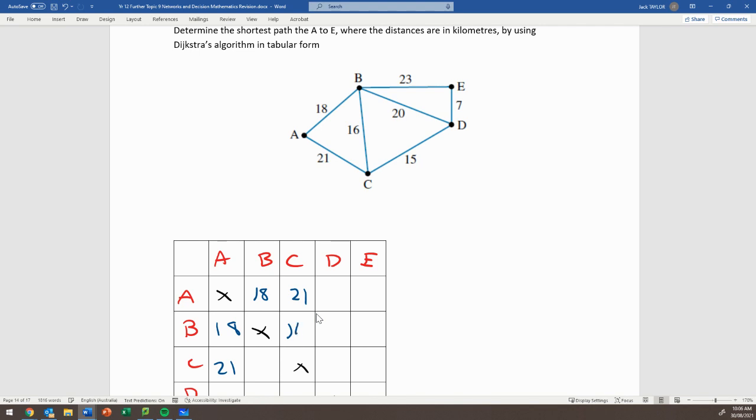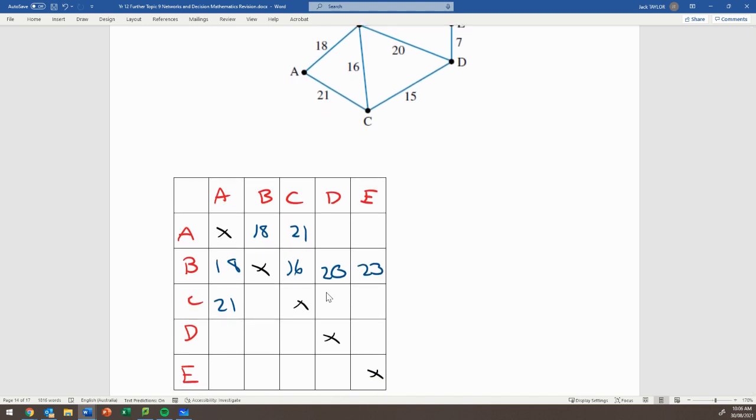So we got B to C at 16, B to D at 20, and B to E at 23. Fill in the rows and columns as I do this. C can also get to D for 15. D can get to E for 7. So that's my table.